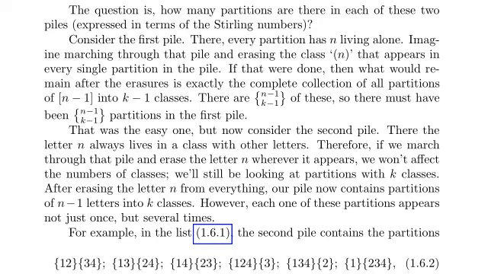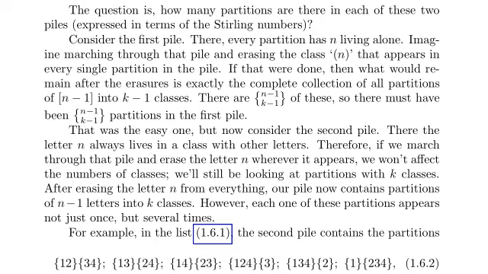If that were done, then what would remain after the erasures is exactly the complete collection of all partitions of the set n minus 1, that is a set from 1 to n minus 1, into k minus 1 classes. There are n minus 1, k minus 1 curly brackets of these. So there must have been n minus 1, k minus 1 partitions in the first pile. And yeah, that's what I got there.